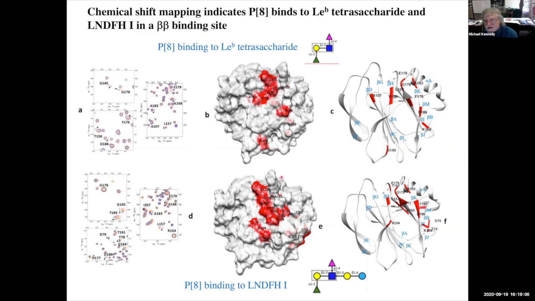And what we see here is that both the Lewis tetrasaccharide and this one with both the secretor and the Lewis fucose now appear to bind in the beta-beta binding site, but there were some additional chemical shift perturbations away from the beta-beta edge, which was over in the region of the beta-alpha binding site.